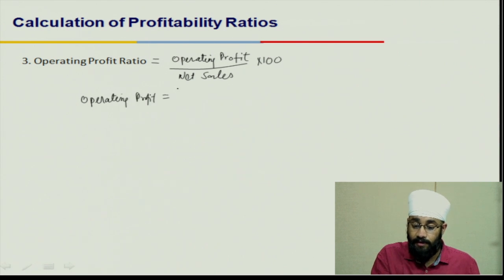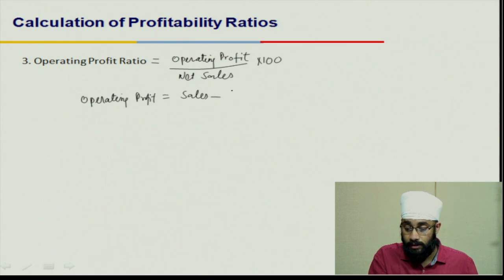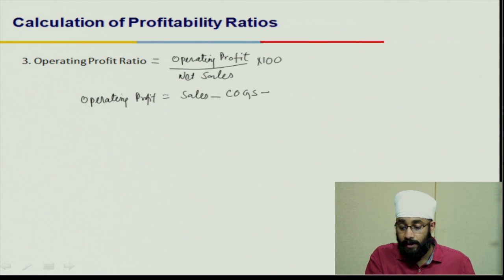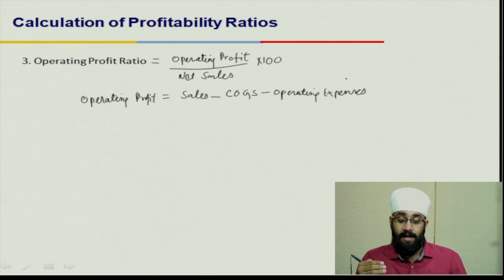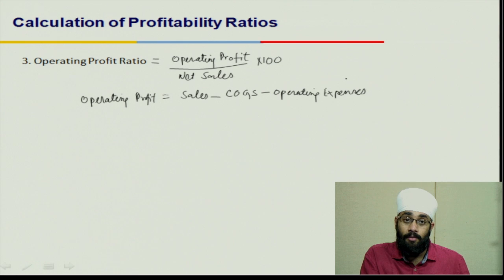Now operating profit is equal to sales minus cost of goods sold, all of this part is operating, and minus operating expenses. So all the operating expenses are deducted from the sales, and hence you have the operating profit. In other words, you do not include any non-operating income or expense, and then you get the operating profit.